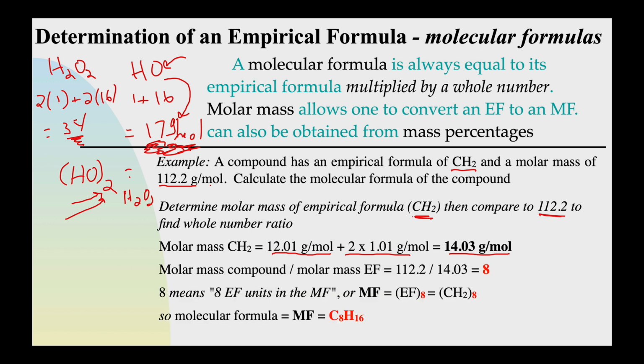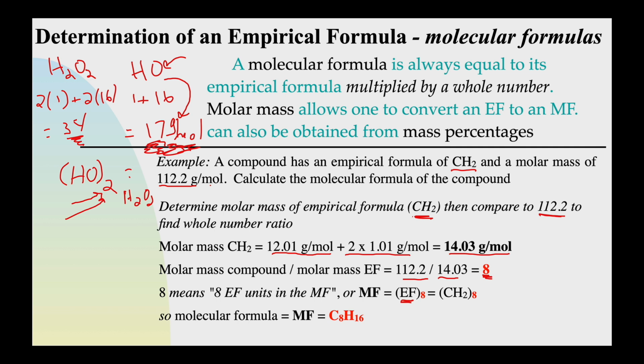So 112.2 divided by 14.03 is almost exactly a factor of 8. That's the ratio. Now for hydrogen peroxide, the ratio was 2. 34 divided by 17 was 2. Here 112.2 divided by 14.03 is 8. Doesn't matter what the ratio is, that's what you multiply the empirical formula by.